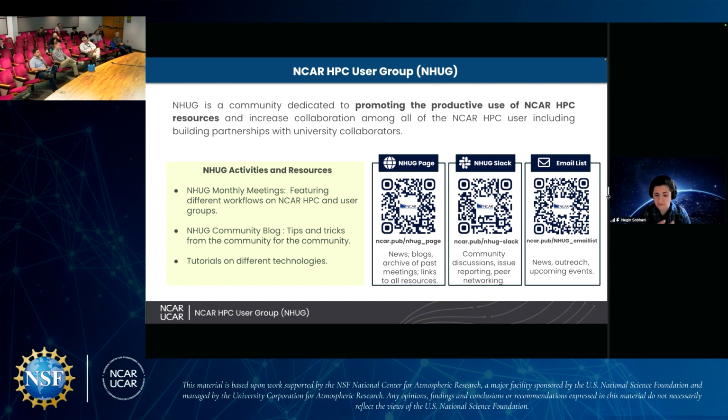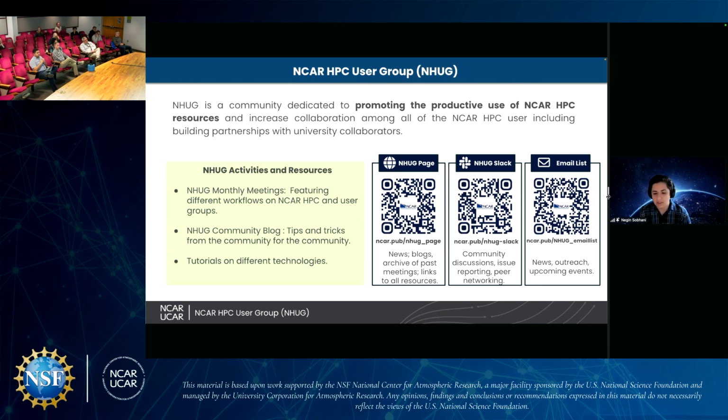NHUG has different communication channels. We have a web page that has the archive of the past monthly meetings. Feel free to check it out, and the slides from the past meetings are there. NHUG Slack is very active, especially in the past year and a half, and it serves as a platform for our community discussing different topics about our HPC systems, reporting issues and talking about different models.